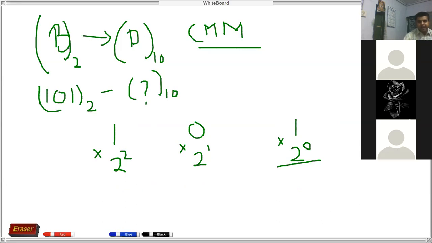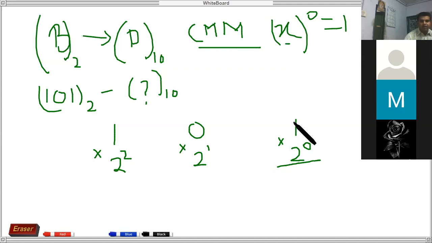Always remember, if x is any number, then x to the power 0 is equal to 1. Any number to the power 0 is equal to 1. So 2 to the power 0 is 1. So 1 into 1 is how much?